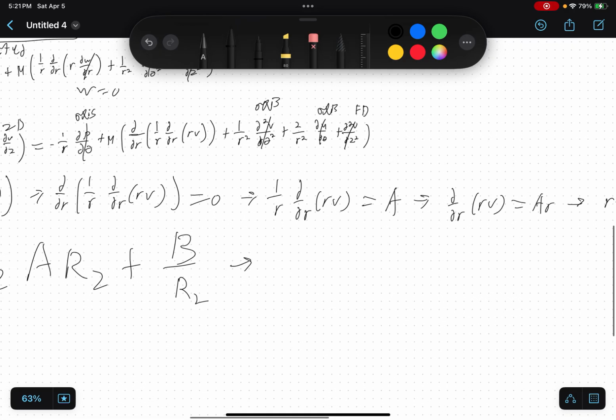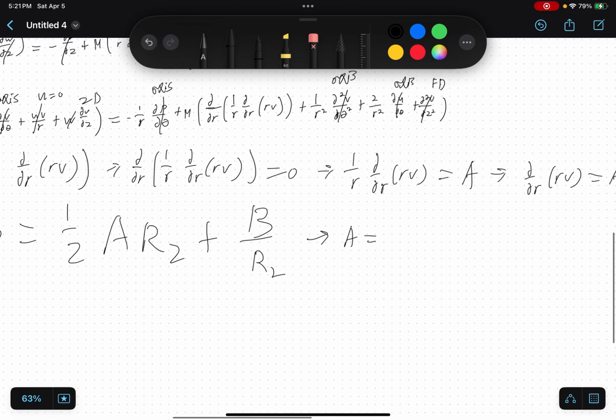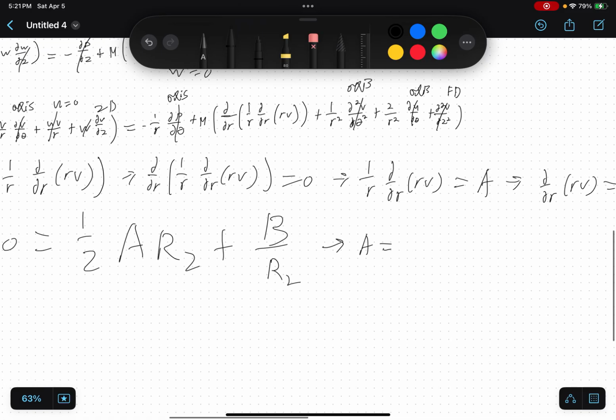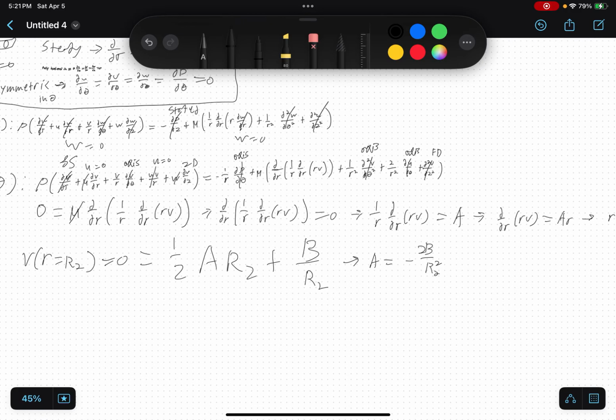So then, what do we want to do? Solve for a. Negative b over R2 times 2 divided by R2, so R2 squared, right?